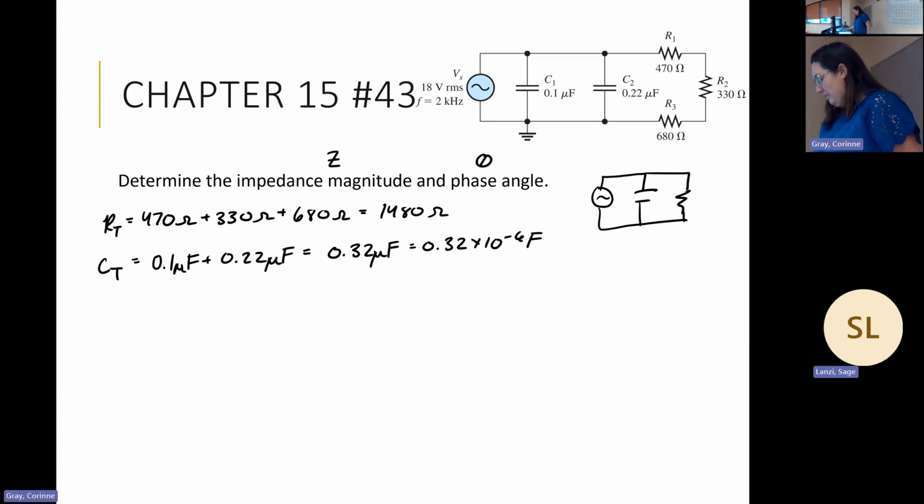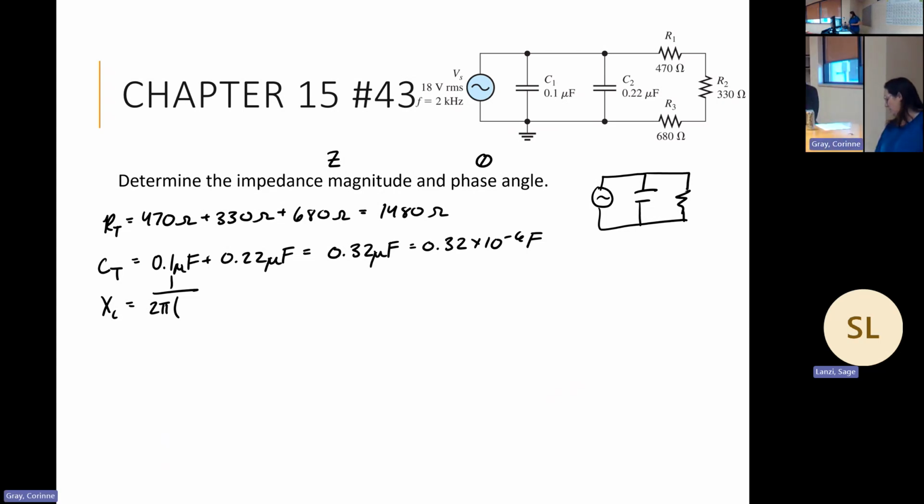So I'm going to find XC, 1 over 2 pi. What do I need to do to my frequency here? Times it by 10 to the third. Okay, or just write 2000. I'm just not going to put my units in here.